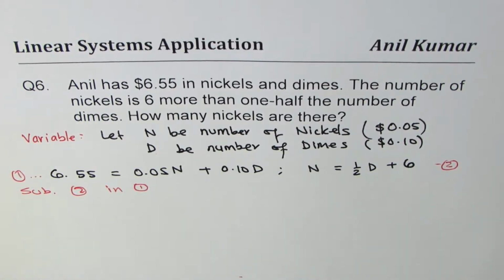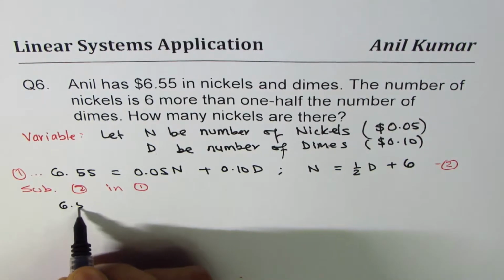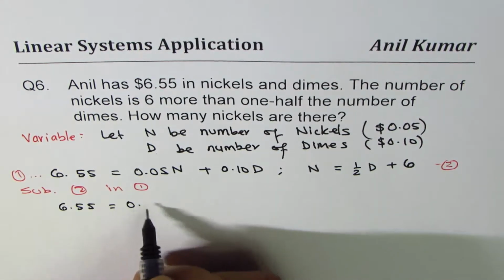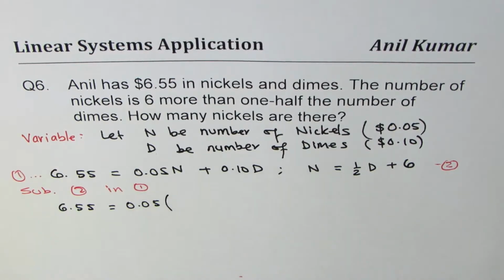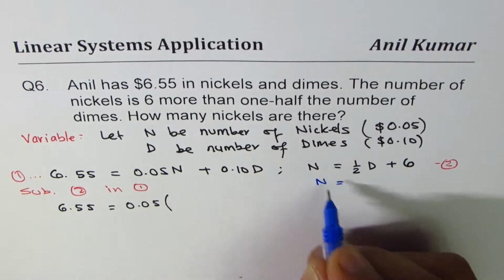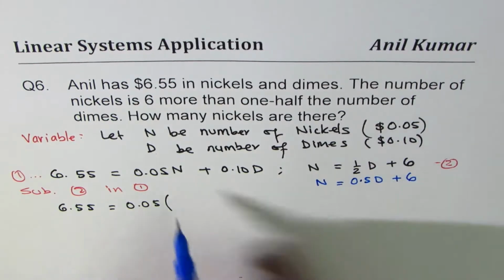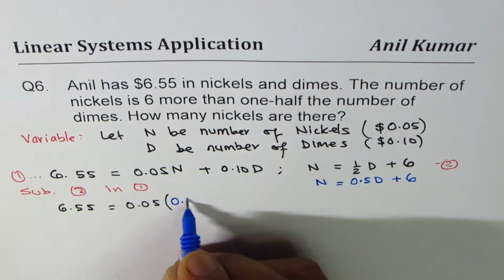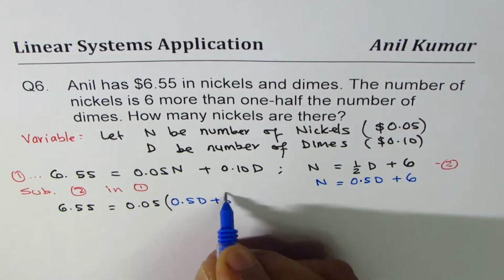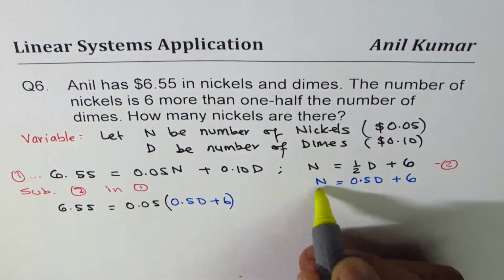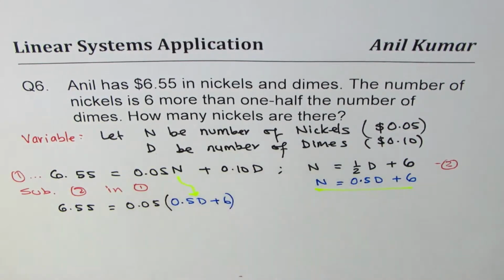So what we get here is 6.55 equals 0.05 times n. Since everything is in decimals, I don't want to write half, so I'll write n equals 0.5 times d plus 6. I've substituted for nickels and got this equation, correct?